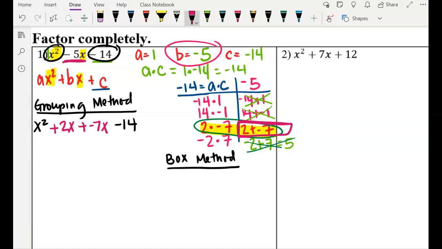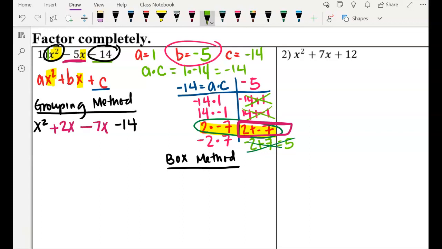Remember, this needs to add up to equal that b. Now, because we do have 4 terms, we can factor by grouping, which you already know how to do. Some of you asked, the plus and a minus in the middle, can I just change it to a minus? Yes, of course.